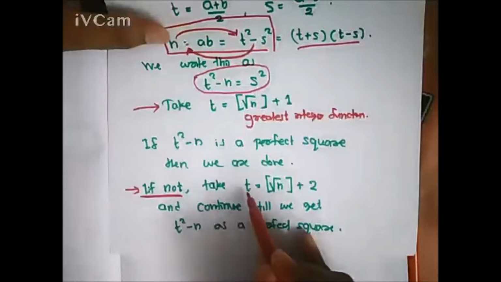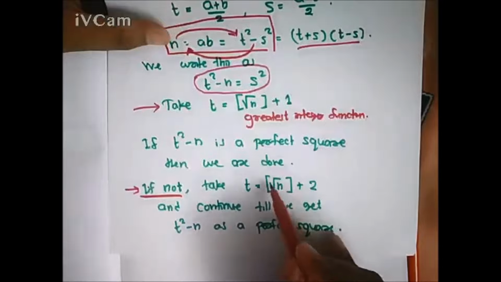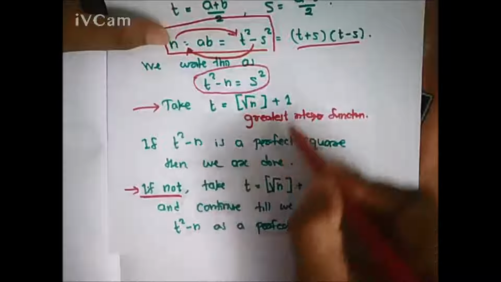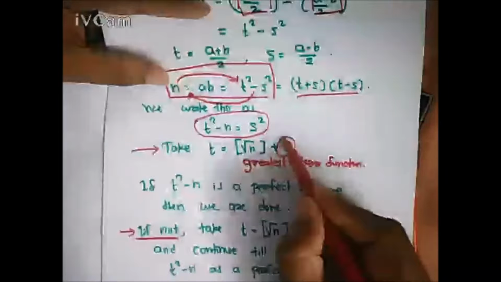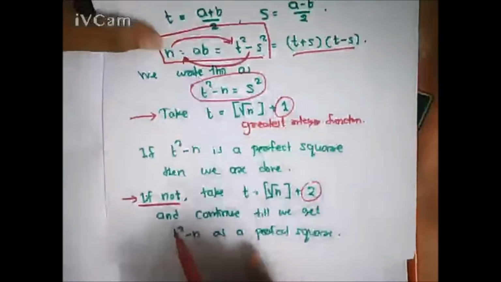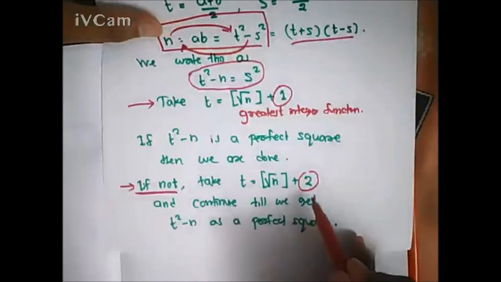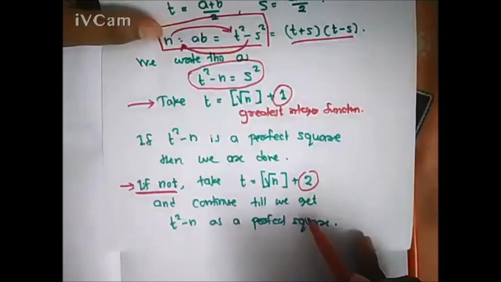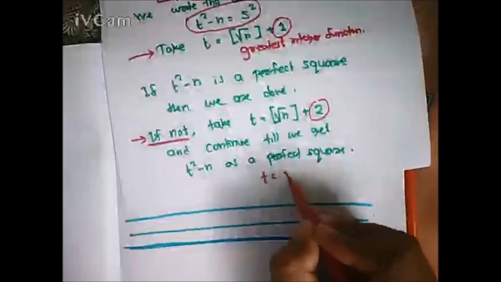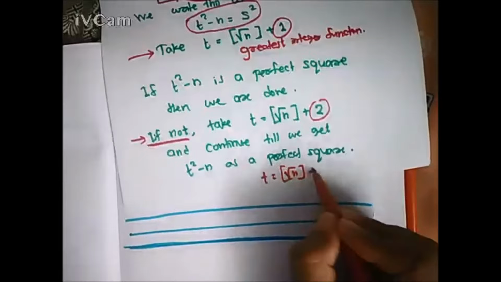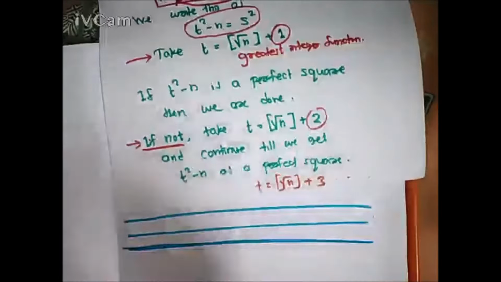If not, we take t as the square root of n, this function, plus 2, and continue this till we get a perfect square. If this step does not give a perfect square, then we take t equal to root n plus 3 in the next step, and so on.